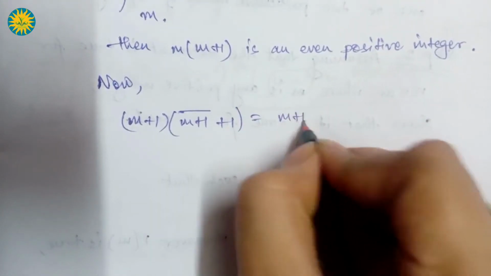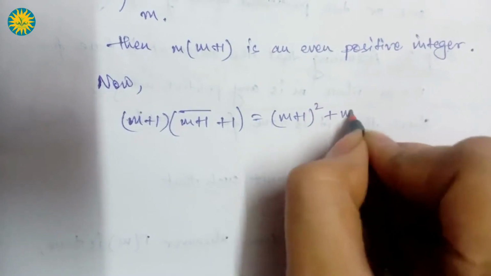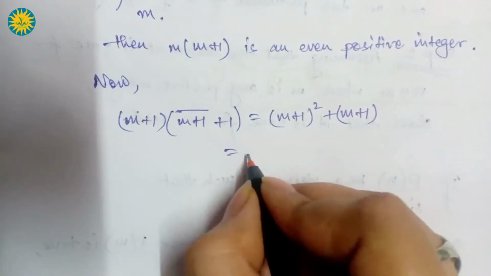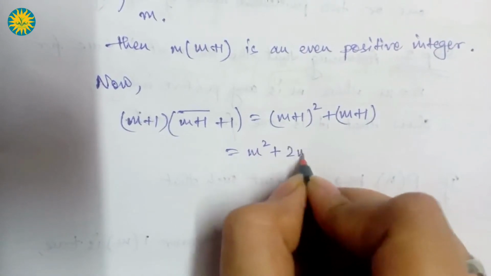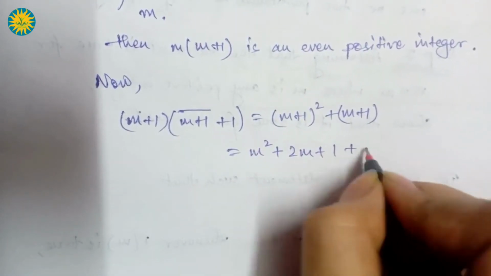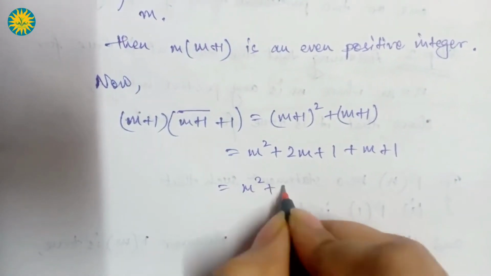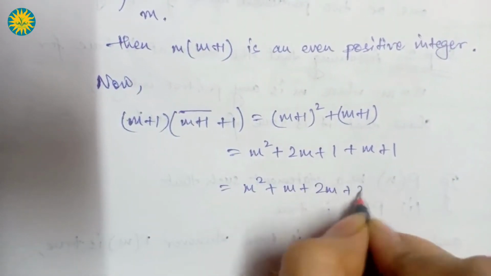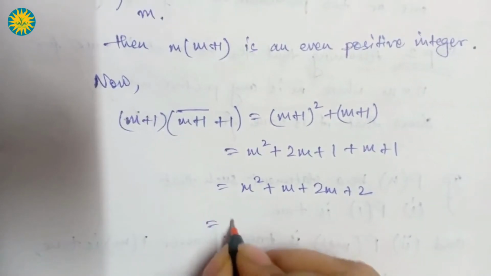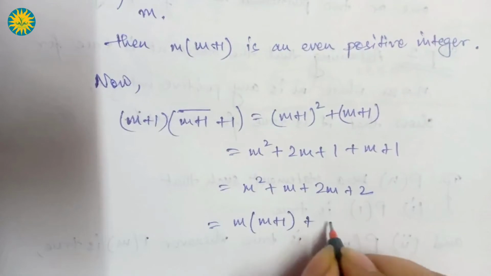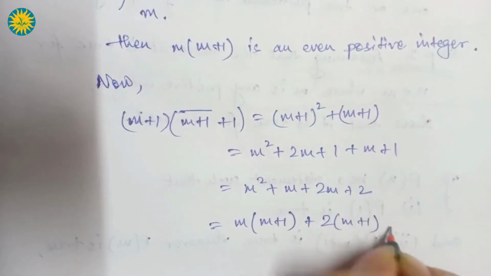This gives us m plus 1 whole square plus m plus 1, which can be simplified into m square plus 2m plus 1 plus m plus 1. This can be written as m square plus m plus 2m plus 2. Taking common, we write m into m plus 1 plus 2 into m plus 1.